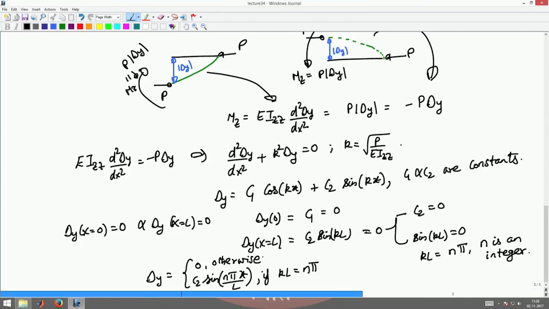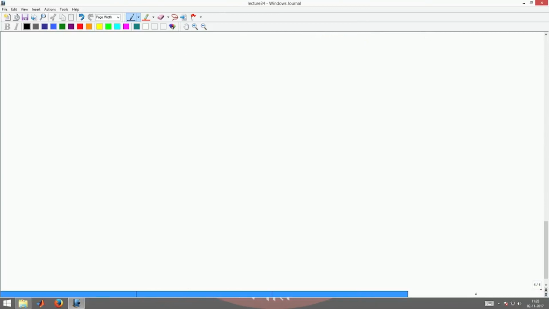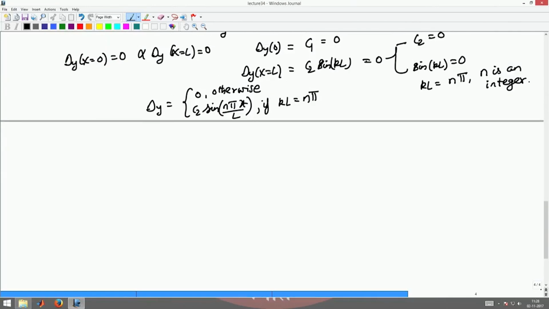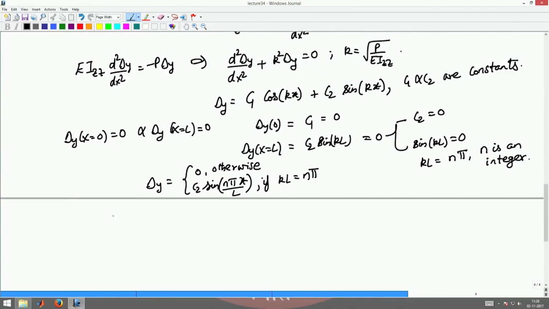Now let us look at what this condition kL equal to n pi means. We said that k was the square root of P by E I zz, so kL must be equal to n pi, which implies P is n squared pi squared E I zz by L squared.